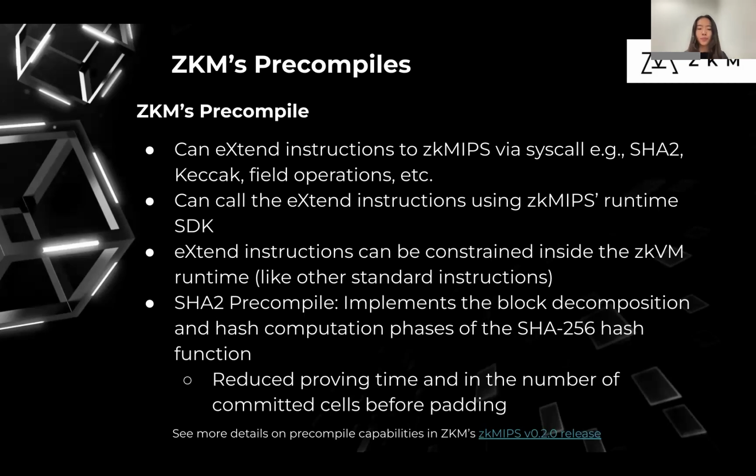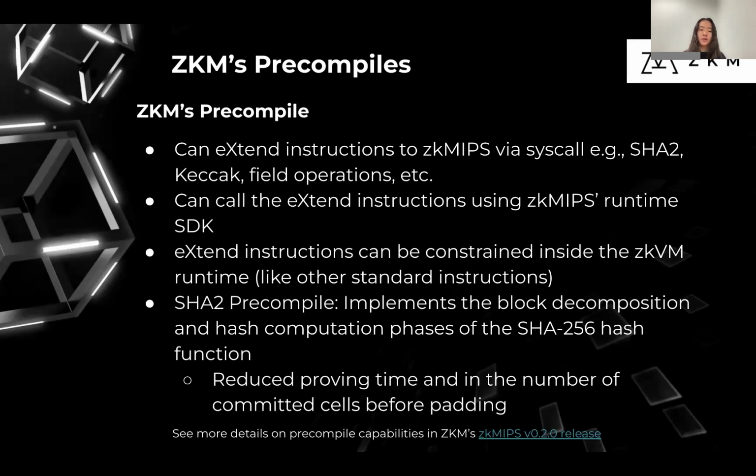So for example, the SHA-2 precompile implements some specific components within the SHA-2 hash function. It includes the block decomposition and hash computation phases of the hash function, and overall, it can reduce the proving time and the number of committed cells before padding.